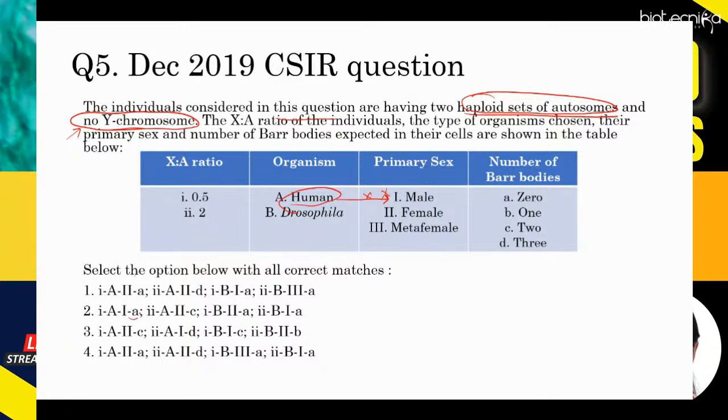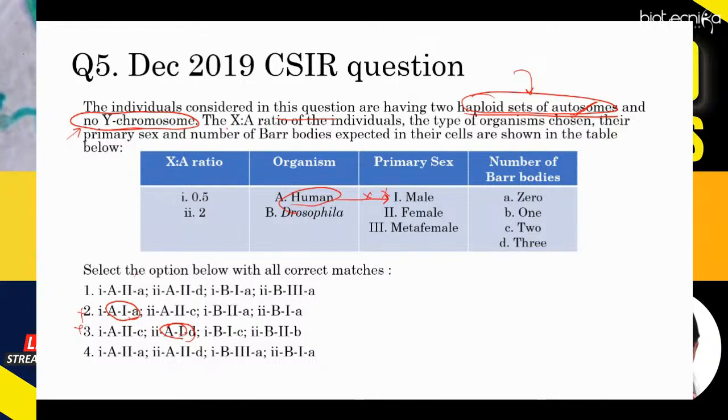So here you have A1, right? Where else do you have A1? You can see here also you have A1. So definitely 2 and 3 cannot be the answer, because they are considering Y chromosomes. I mean, they are saying there is no Y chromosome and 2 haploid sets of autosomes. So that means you are having the regular set only, and it's a regular cell, right?